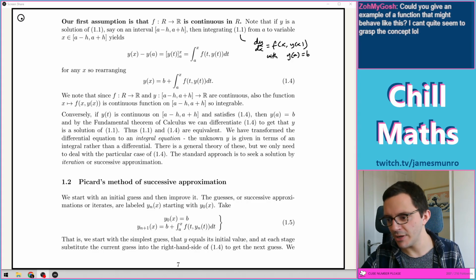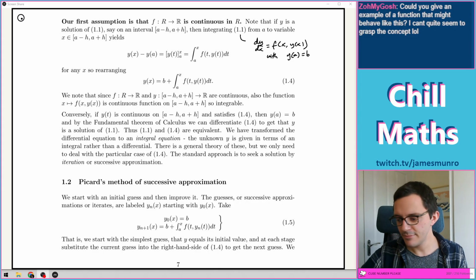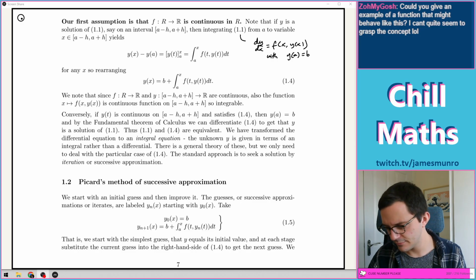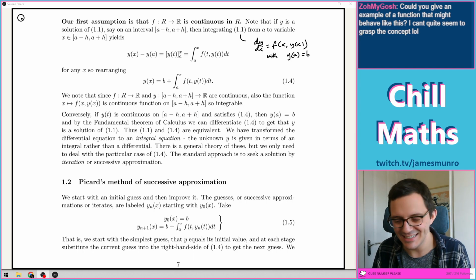An example of a function that might not behave like this. If y is differentiable, this first bit always works, but you might not be able to integrate the function on the right hand side. If the function is horrible, then you might not be able to decide what value the integral should take.